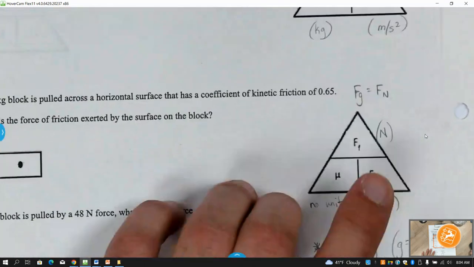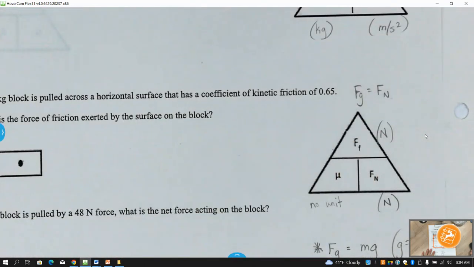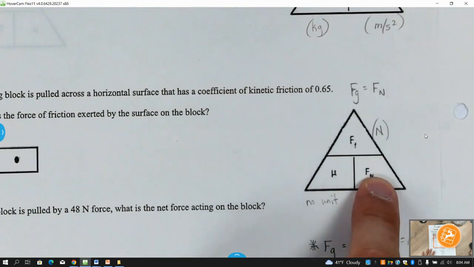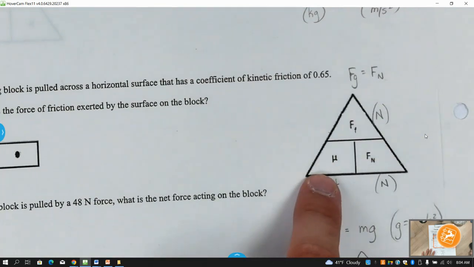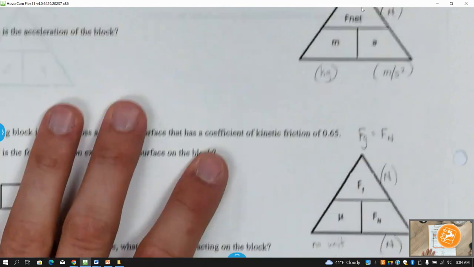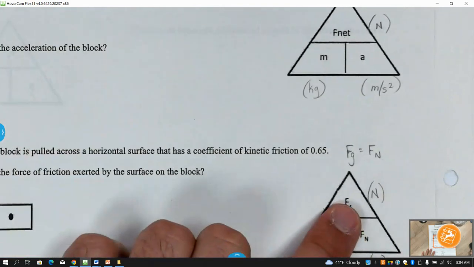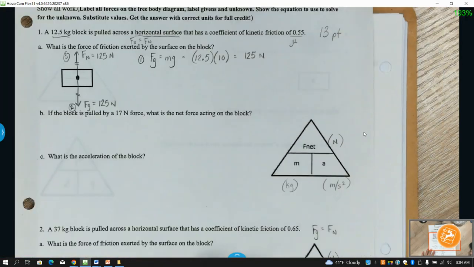Well, looking at this right there, do I have everything that I need? Do I have the normal force? Oh, yes. And do I have the coefficient? I do. So I can solve for Ff. So that would be my next thing that I'm going to do.